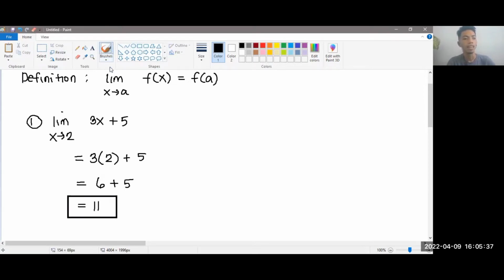Alright? Let's have another example. Example number 2. Let's have the limit of x squared plus 2x plus 3 as x approaches negative 2. Basically, negative 2 will be substituted to our x in the given function.